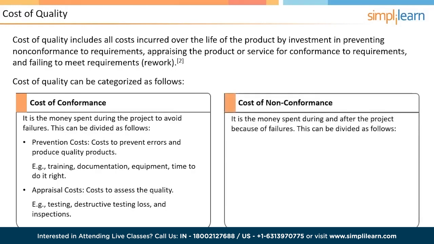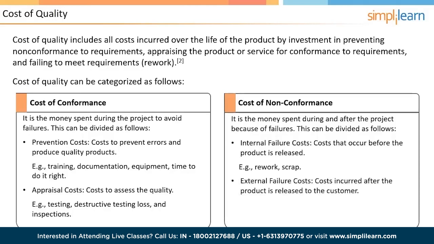The second category is the cost of nonconformance. It is the money spent during and after the project because of failures. This is subdivided into internal failure costs. It is the cost of failures that occur before the product is released to customers, for example, rework and scrap. The second subdivision is external failure costs.